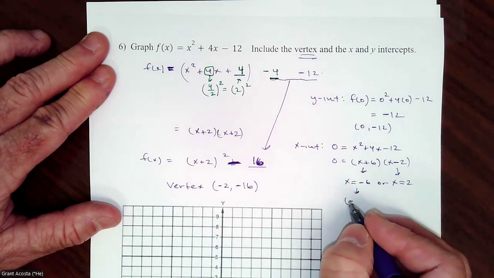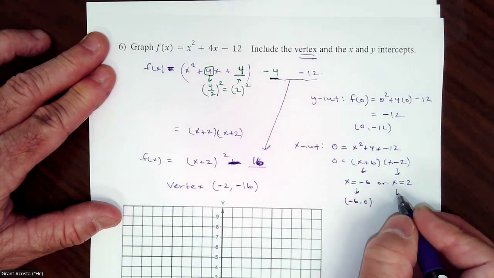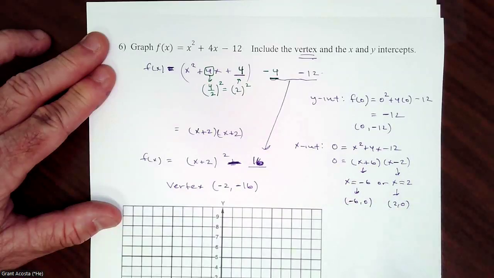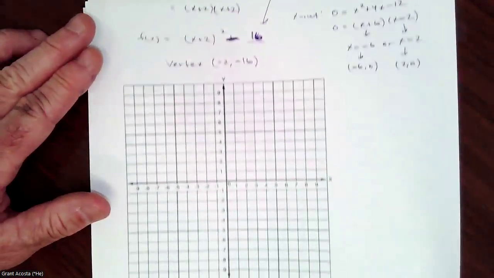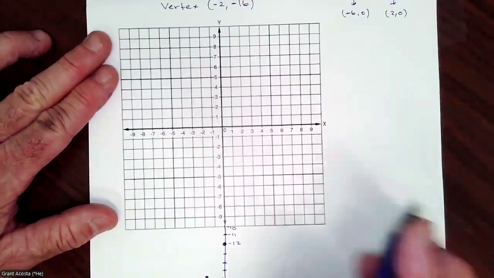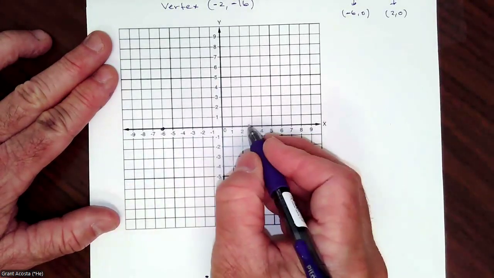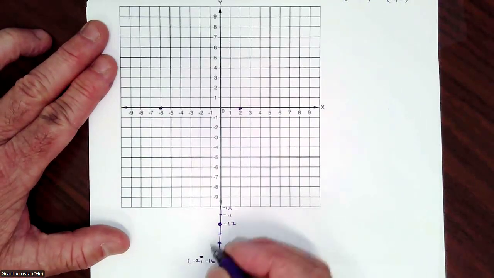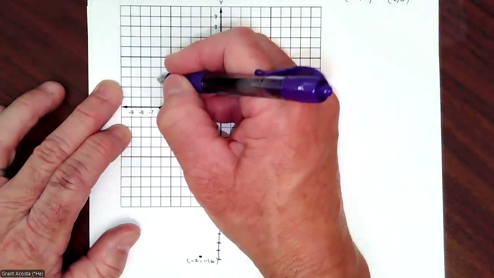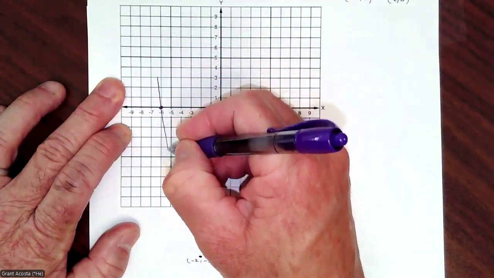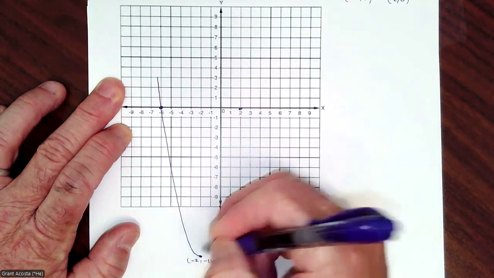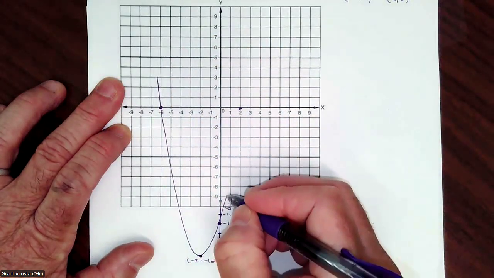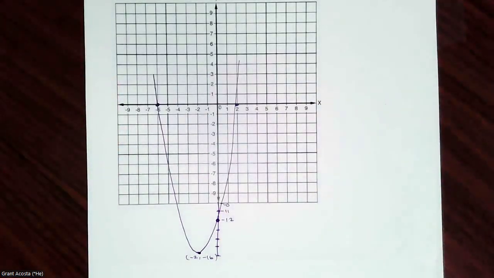So I have negative 6, 0 and 2, 0. Let me do my best to draw this parabola. There it is.